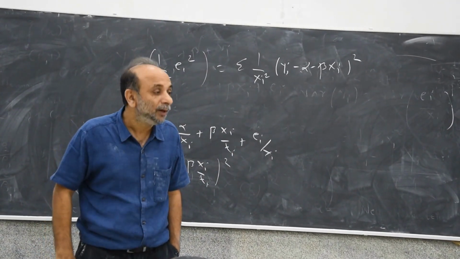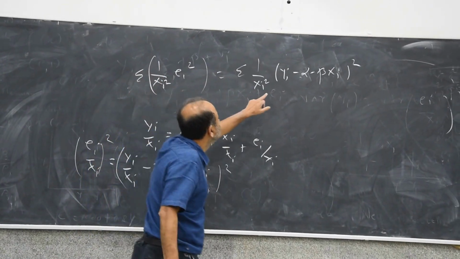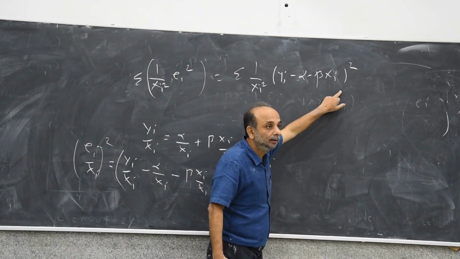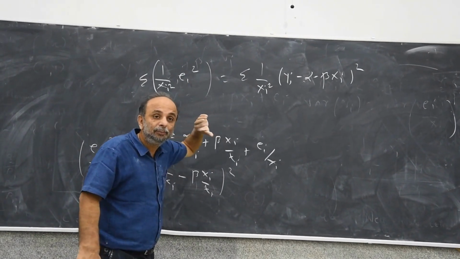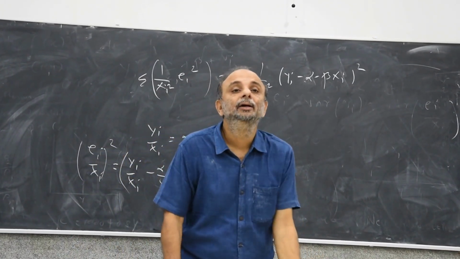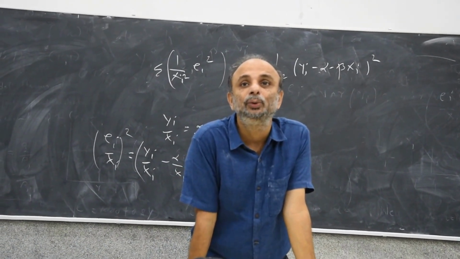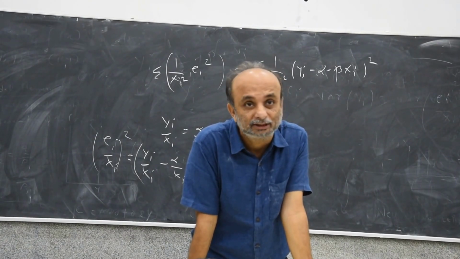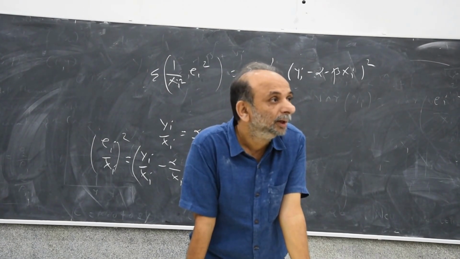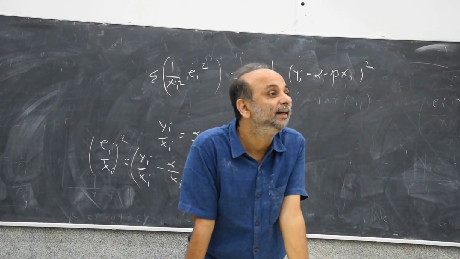because in the usual OLS problem I am just minimizing summation ei square. Now I am minimizing 1 upon x1 square into e1 square plus 1 upon x2 square into e2 square plus 1 upon x3 square into e3 square and so on, up to 1 upon xn square into en square. So I am now minimizing a weighted sum of ei's.